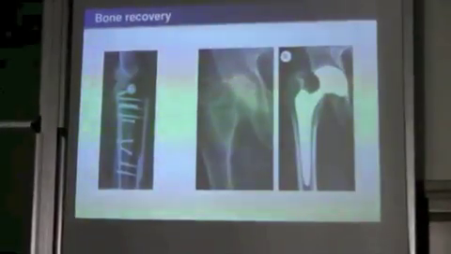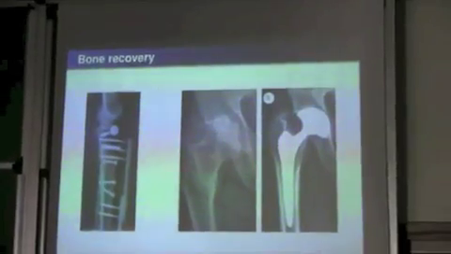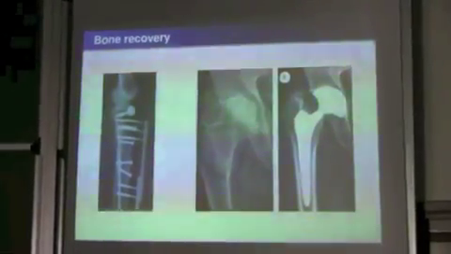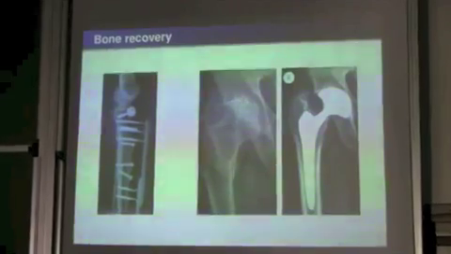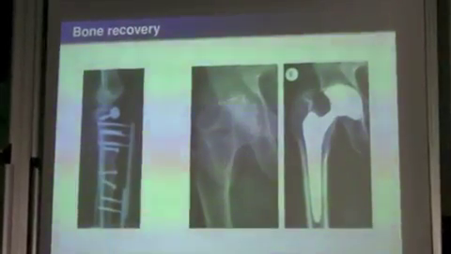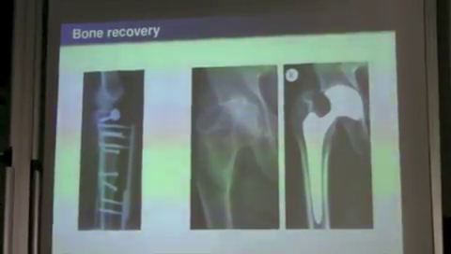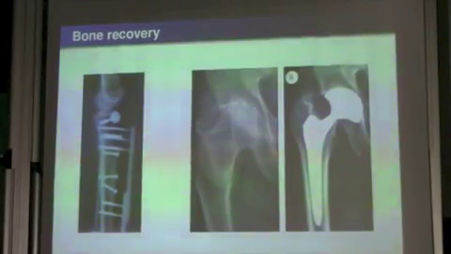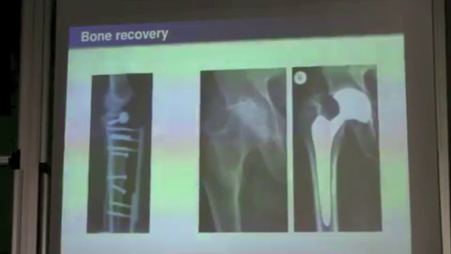Bone tissue has a very specific characteristic, namely it can recover, in contrast to all other tissues. It can recover to its initial state after injury or after surgery. That means that it has the ability to modify itself.